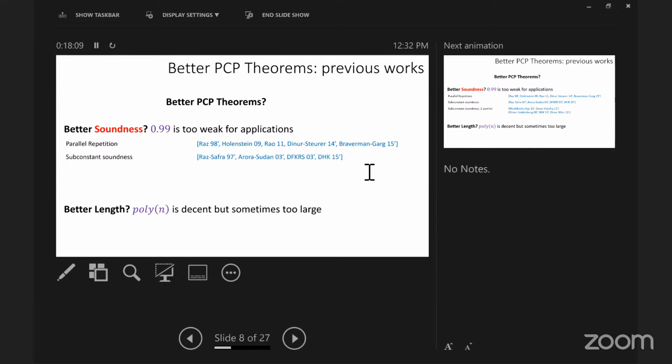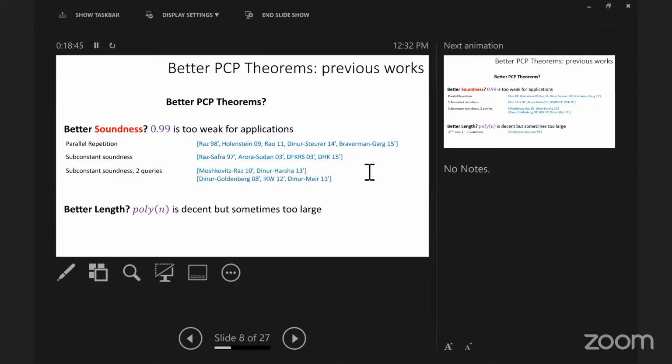So good. So that gives you soundness which is arbitrarily small, but sometimes you want to get soundness which is vanishing with the instance size. Let's say 1 over log n, something like that. So that also exists. There are many details here that I'm omitting, but if you're willing to pay in some other aspects of the PCP, namely the number of queries it makes, this is something that has been known for a long time.